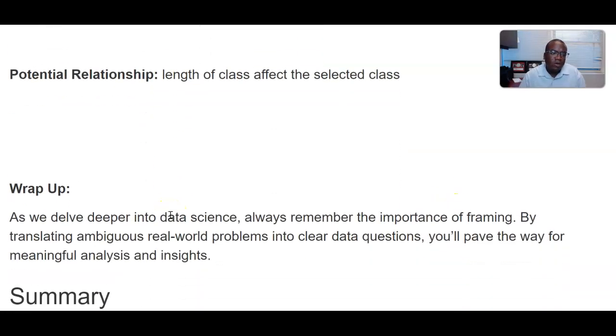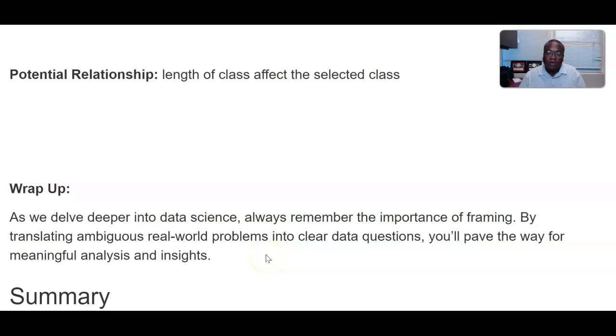So, a wrap up. As we delve deeper into data science, always remember the importance of framing. Make sure that you're able to understand those 7 key components when evaluating what you're about to analyze. By translating ambiguous real world problems into clear data questions, you'll pave the way for meaningful analysis and insights.